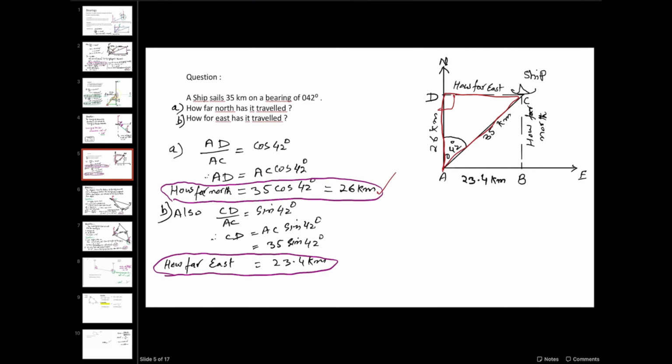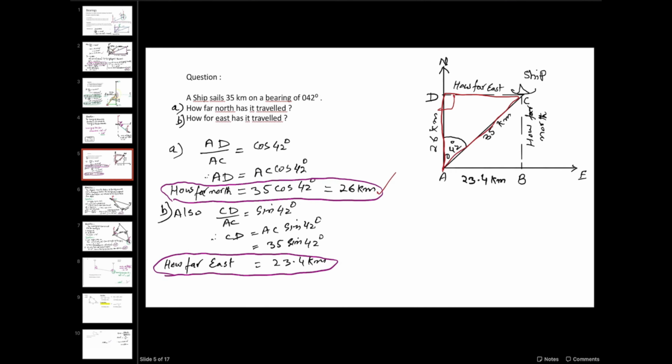So how far north is the ship? That is 26 kilometers. Now again, in the same triangle ACD, CD upon AC is equal to sin 42 degrees, and CD is equal to AC sin 42 degrees, but AC is 35 kilometers.